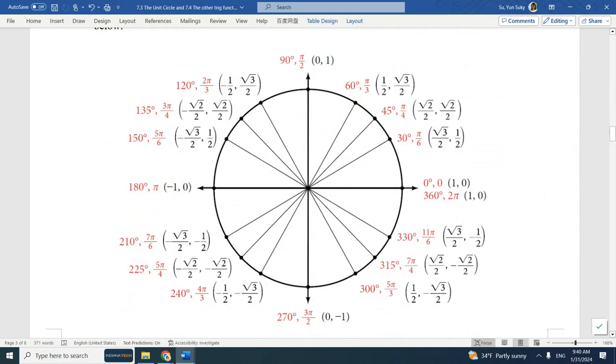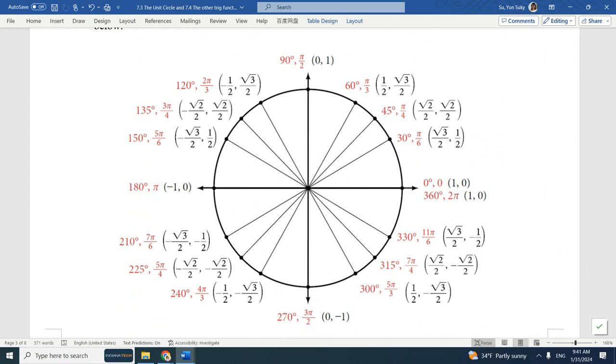We can fill in all the standard values. So let's practice filling out the unit circle. Last class, we talked about 0 degrees and the multiples of 30 degrees. Do you remember, everybody, multiples of 30 degrees? And then we also talked about the multiples of 45 degrees. So we first figure out the angles.